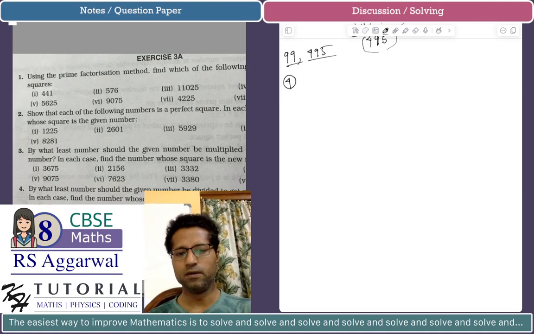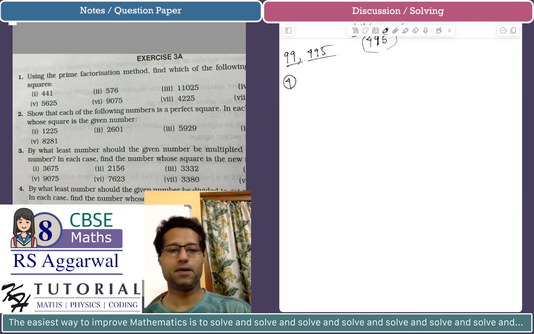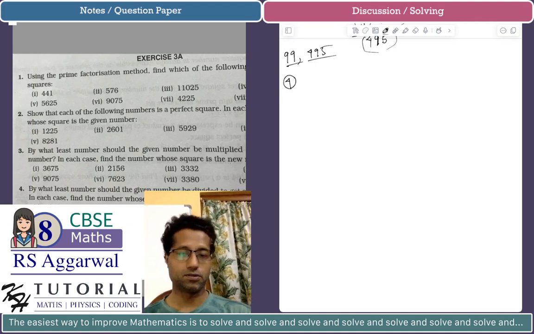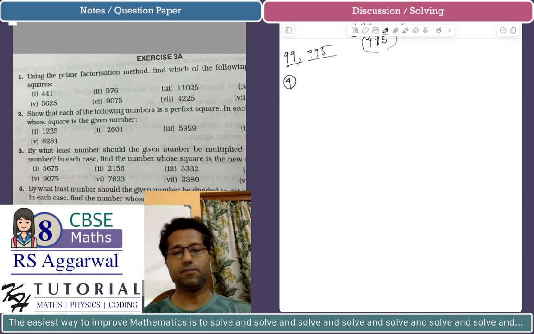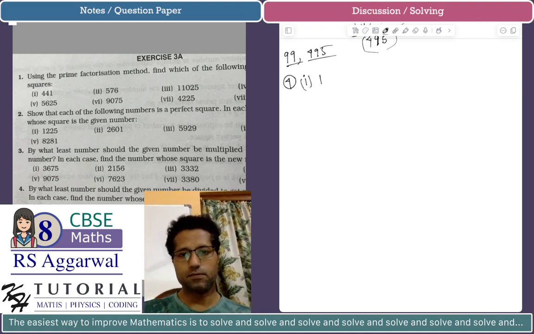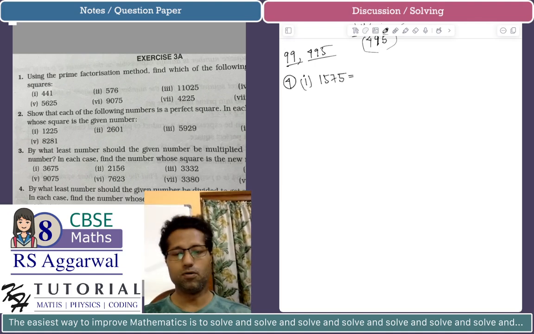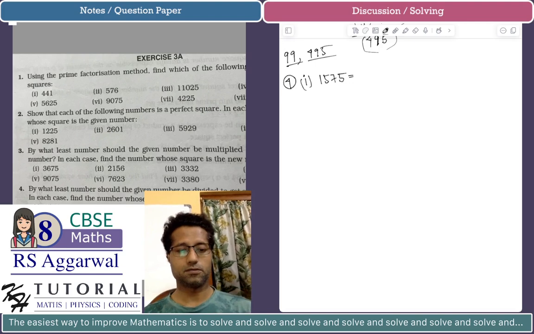In the previous one we were asked what is the least number we should multiply a given number by to make it a perfect square, and in problem number 4 we are asked what is the least number we should divide the given number by to make it a perfect square. Let's do part 1, 1575. Definitely in both these kinds of problems you have to find the prime factors.